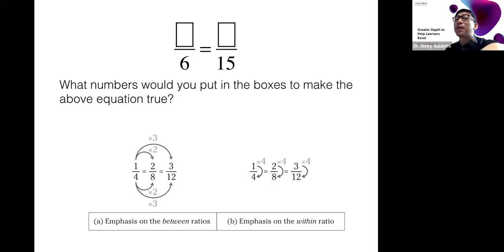I divide 15 by the same 3, I get 5. So the multiplicative structure in the equivalence becomes clear to them, and they should be able to solve this kind of problem easily, because now they have a good understanding, not just of the between ratios, but also of the within ratios.